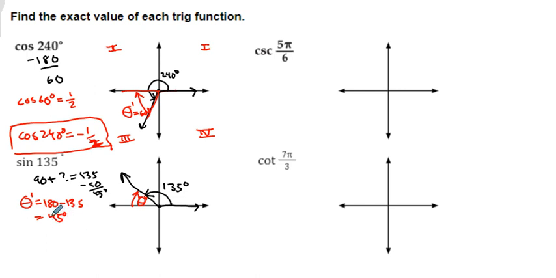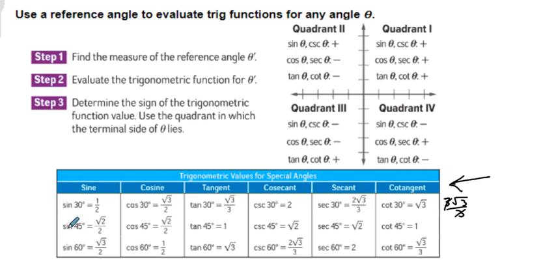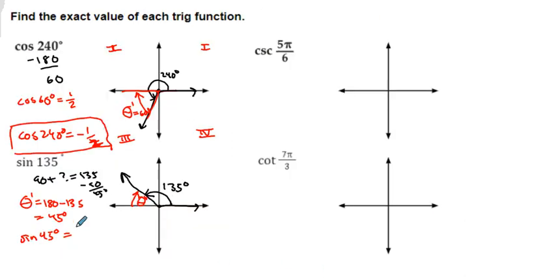It's always going to be a positive number, and so we're going to find the sine of 45 degrees. I believe that's square root of 2 over 2, but let's look at our chart. The sine and cosine of 45 degrees are always the same. So square root of 2 over 2.